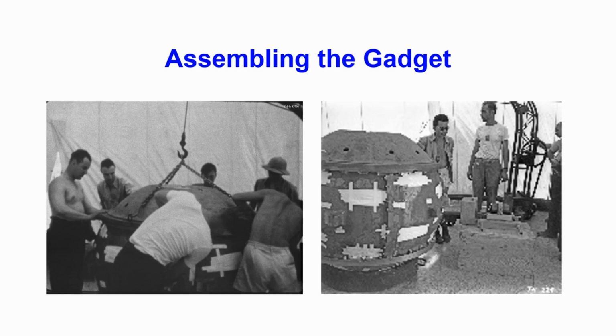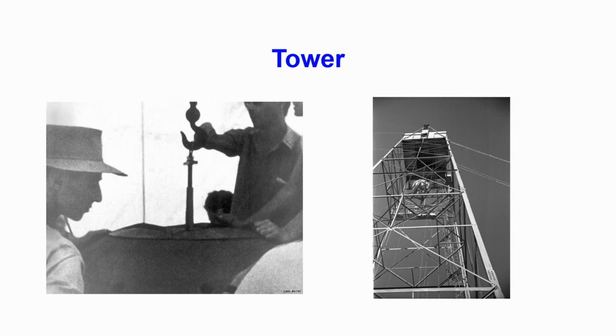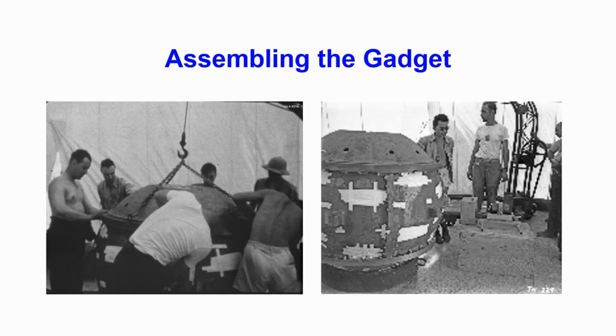You can see here the gadget was assembled on the ground where they put in the igniters or initiators. There were 32 of them for the explosives, and then they would tape over the hole to keep dust and sand and dirt from going in.